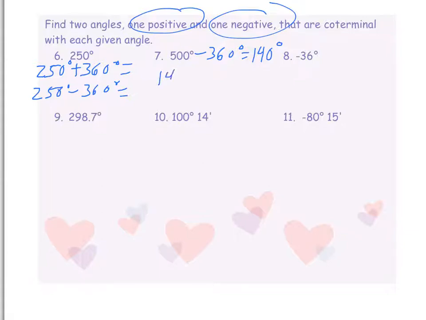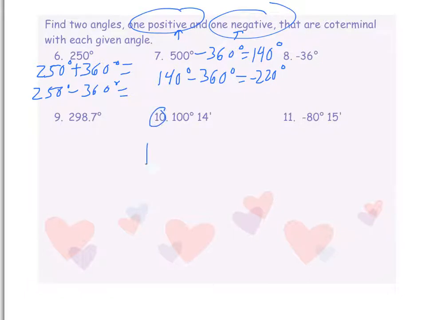I can take 140 and subtract 360 again, and I could get negative 220 if I want to make sure I get one positive and one negative. So if it asks for that, don't just add 360 once and subtract 360 once. You may have to subtract twice. It depends on the angle that you're starting with.